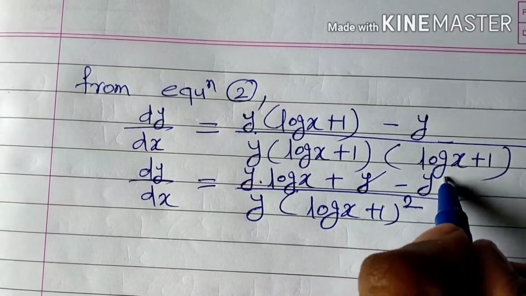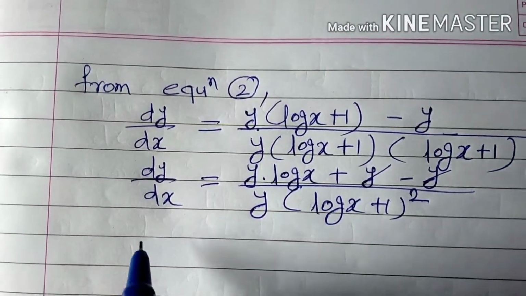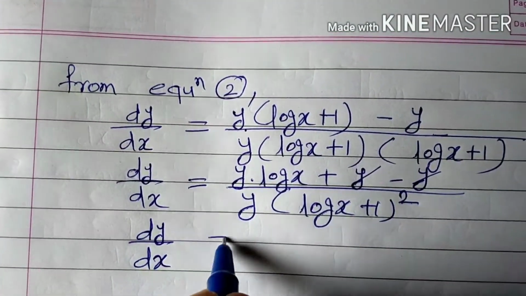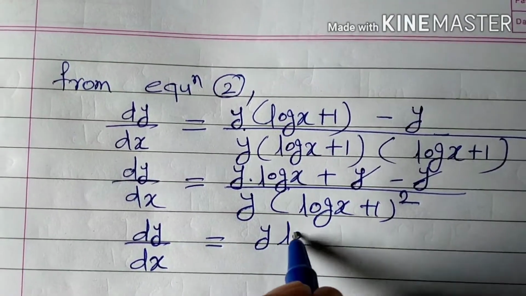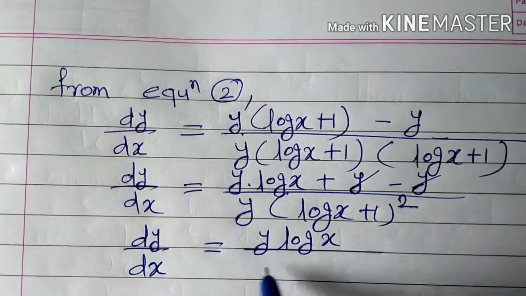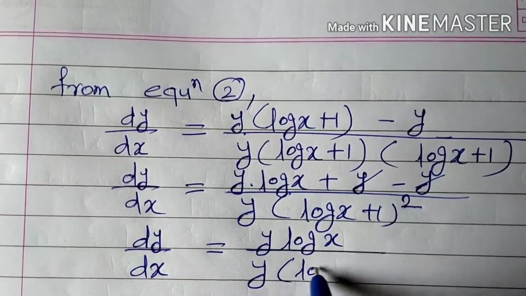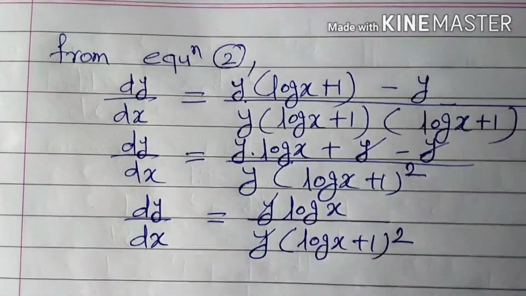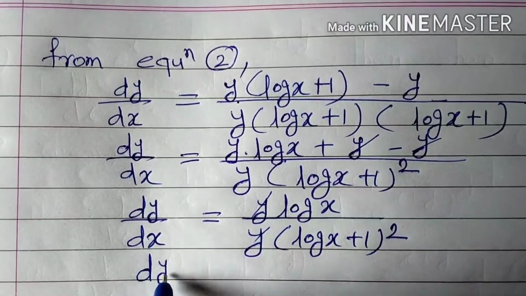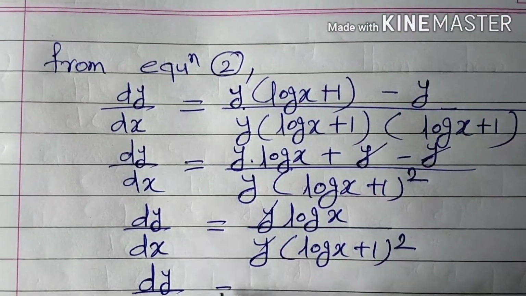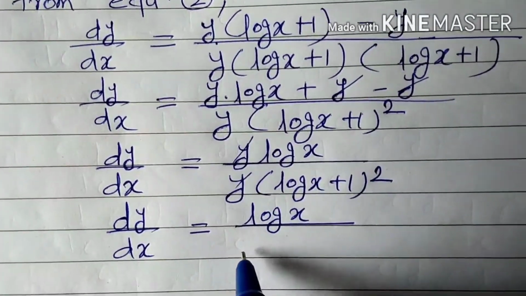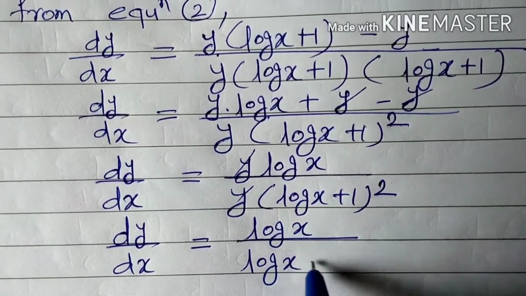This plus y, this minus y get cancelled. So remaining terms are dy by dx is equal to y log x upon y log x plus 1 whole square. Now this y becomes cancelled, so we get dy by dx is equal to log x upon log x plus 1 whole square.